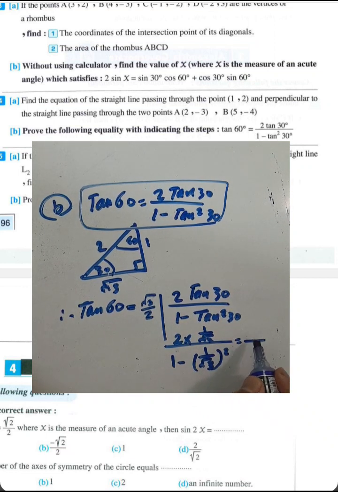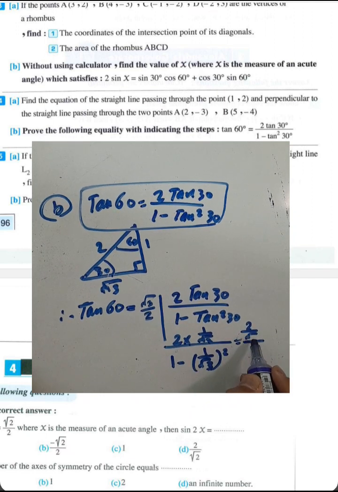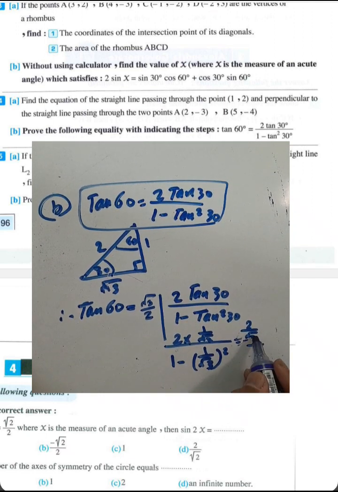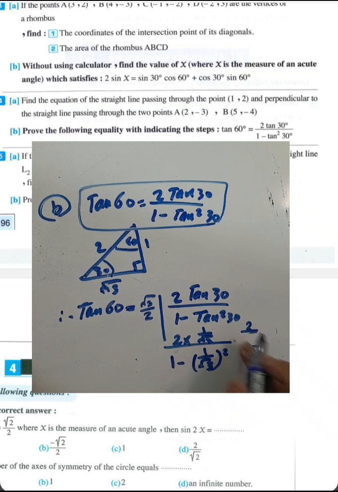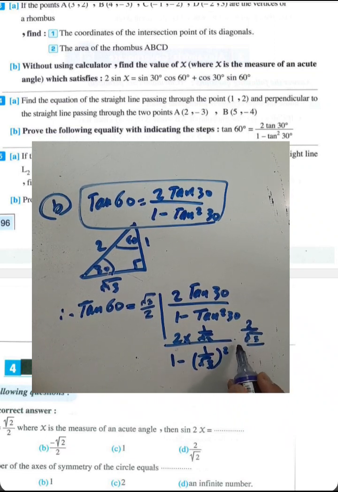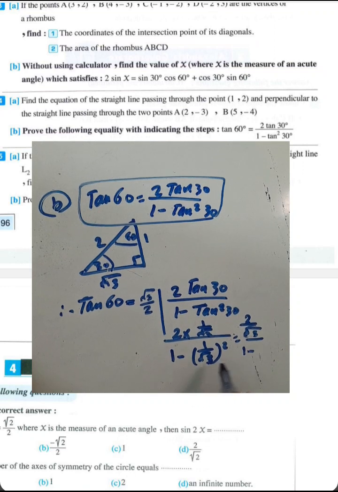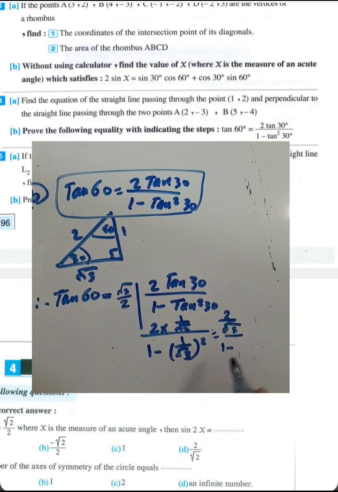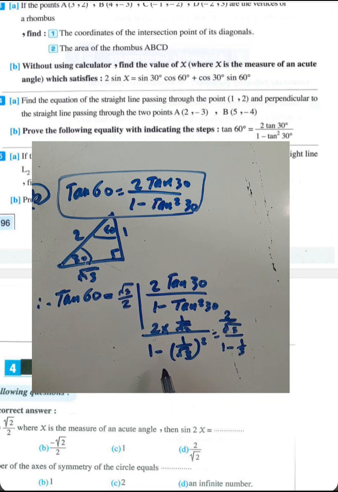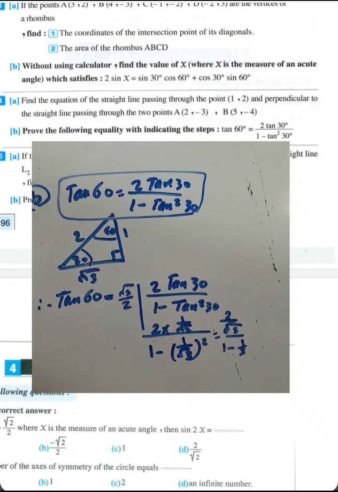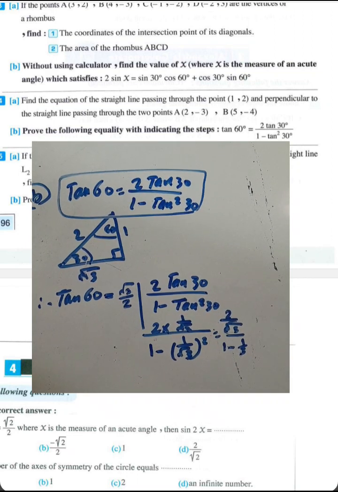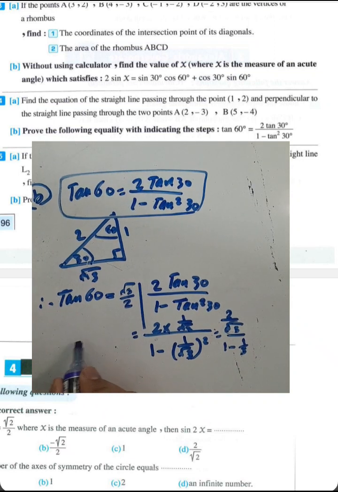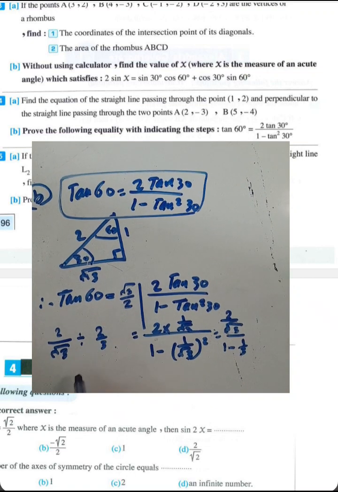It will be equal 2 times 1 over root 3, it will be 2 over root 3, divided by 1 subtract 1 over root 3 squared, it will be 1 third. Okay, and then we can find the result between two numbers. 2 over root 3 divided by 1 subtract a third, it will be 2 over 3.